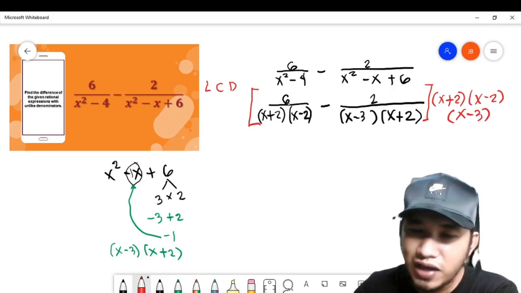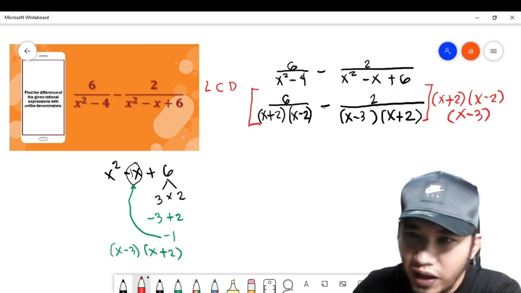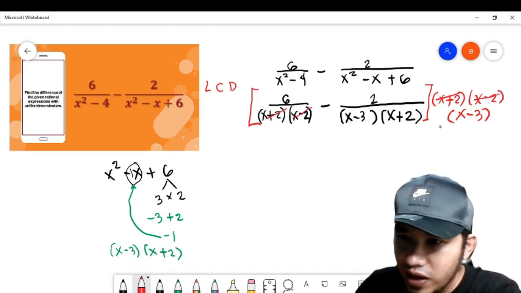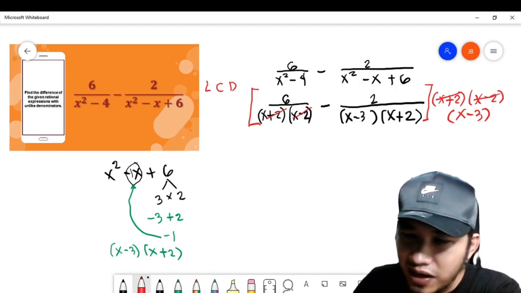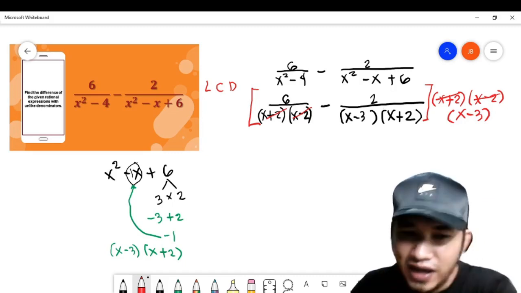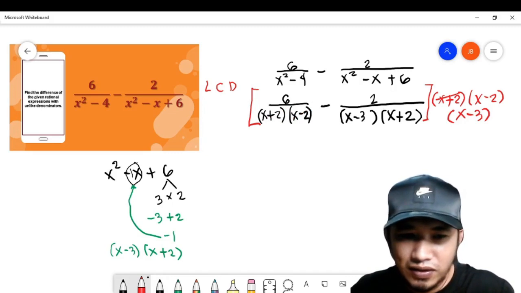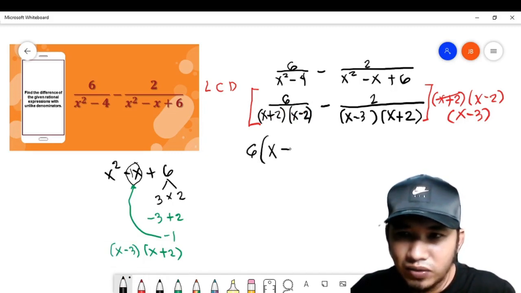Okay, so tingnan nyo. x plus 2 meron doon, so cancel. x minus 2 meron, x minus 2. Ang natira is x minus 3. Yun ang i-multiply natin sa 6. Okay, so that is 6 multiplied to x minus 3.